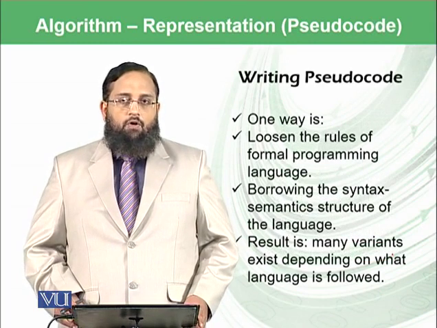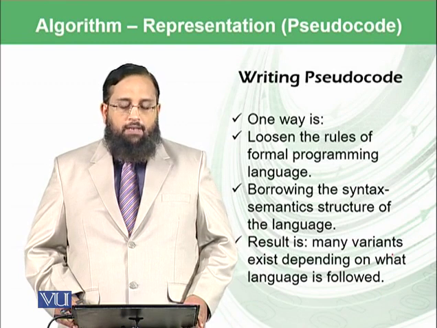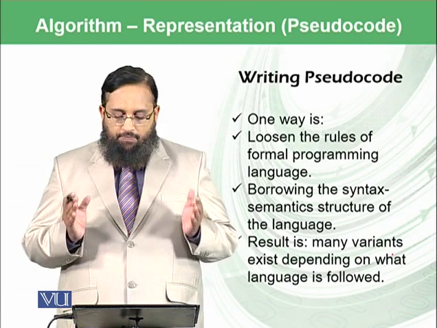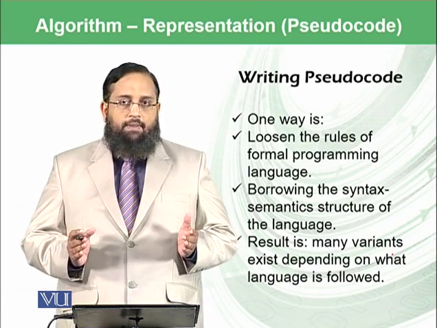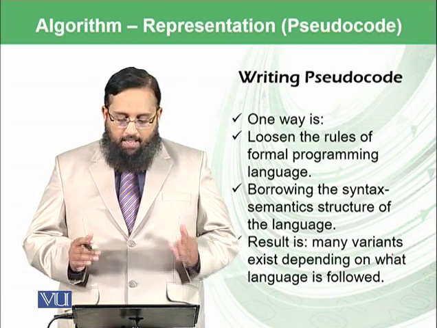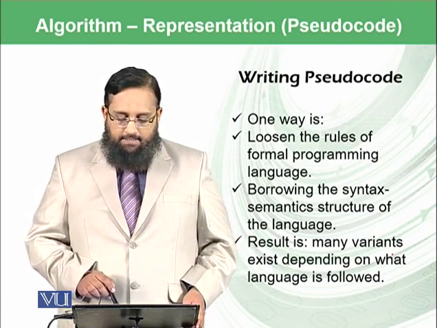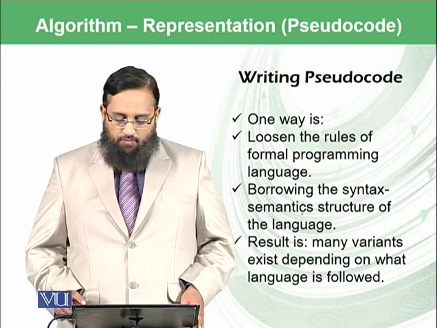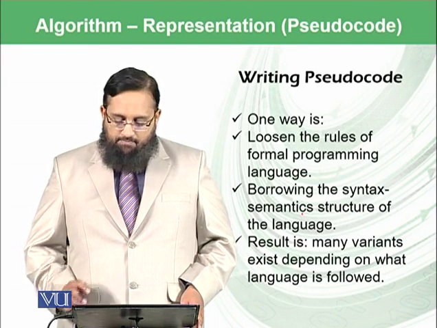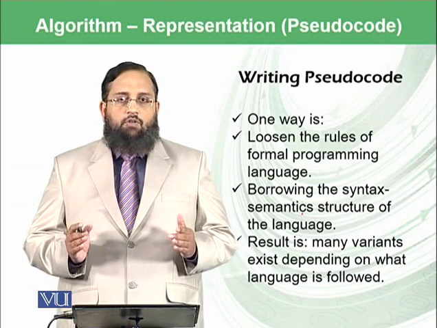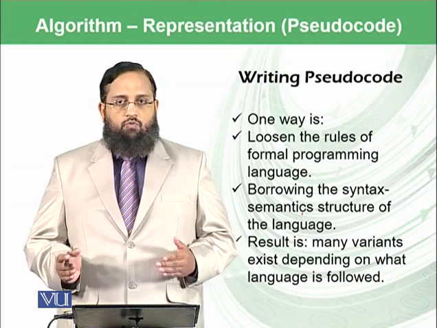So one way of representing an algorithm using pseudocode is that we loosen the rules of formal programming languages. We do not remain very strict, and we borrow the syntax and semantic structure of the language to represent a pseudocode. The result is that many variants exist, depending on what language has been used to build the pseudocode.